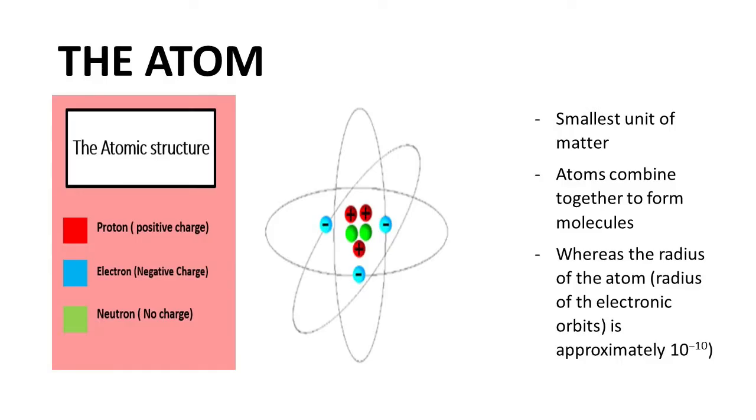The atom is the smallest unit of matter. Atoms combine together to form molecules. In the structure of the atom, we have the proton, which has a positive charge, the electron, a negative charge, and neutrons, which have no charge.